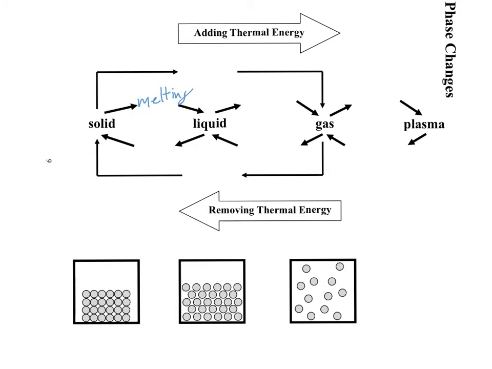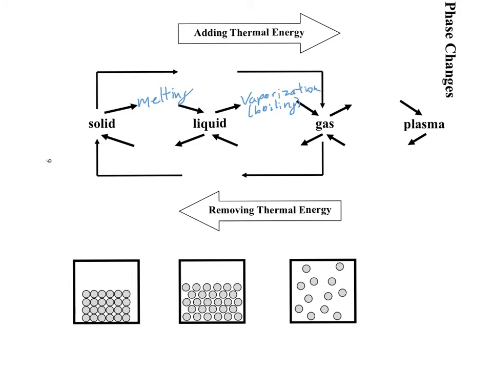Going from a liquid to a gas is vaporization, or boiling. You need to know all of these terms because in different AP questions they may use vaporization or boiling, and you need to understand that they're talking about going from a liquid to a gas.